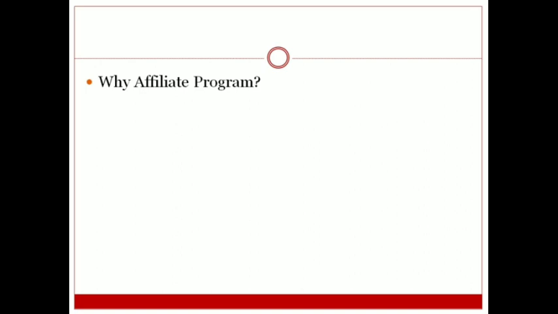Obviously, by now, you should understand why you need an affiliate program. But some of you might be thinking, well, why should I give away 50% or even 75% commissions to somebody else? Well, the bottom line is simple: if you give away a certain percentage of commissions when affiliates promote your product, it's not taking a lot of your time.